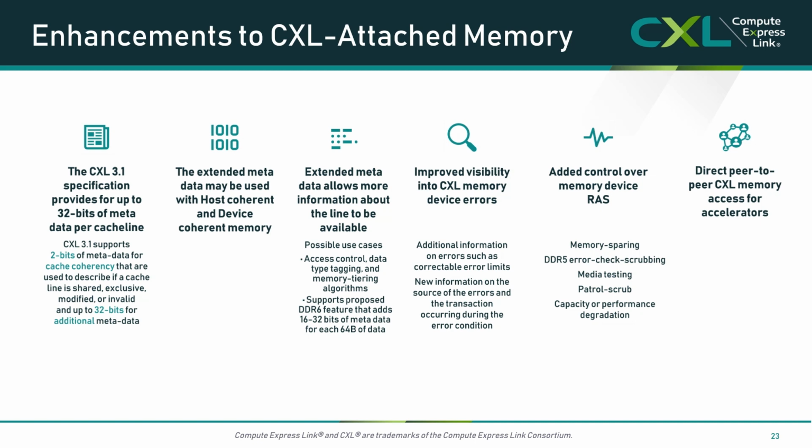Added more control over memory RAS, kind of the memory sparing, patrol scrubbing, and those sort of features. And then lastly, we added the direct peer-to-peer .mem. We covered that in the Fabric discussion, so I won't talk about that more, but this is also specific for memory expansion devices.